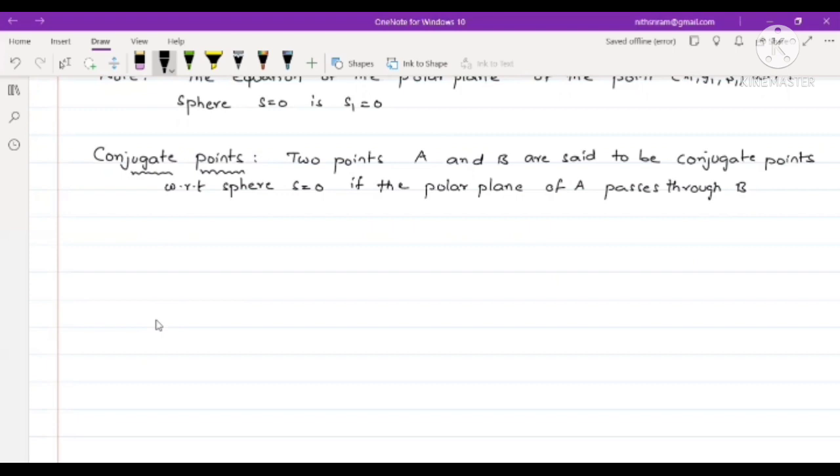Okay, after finding the polar plane, the second point should satisfy the polar plane equation. So if this happens, then we say that those two points are conjugate points.